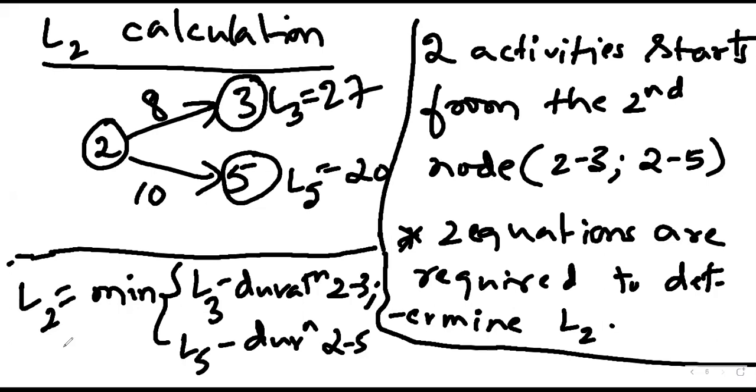So L1 should be equal to 0 for any problem. And for the last node, the early start, in this case E6 or E8, I guess, should be equal to the project completion duration. Correct.